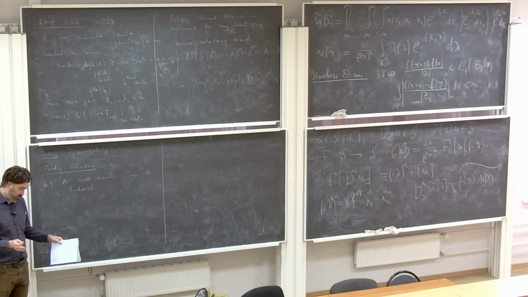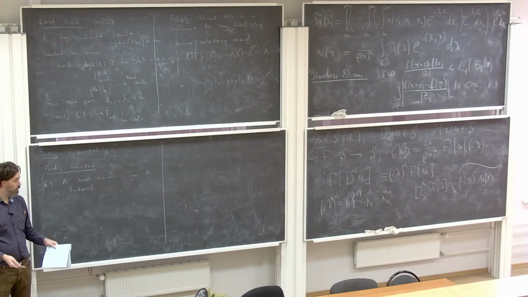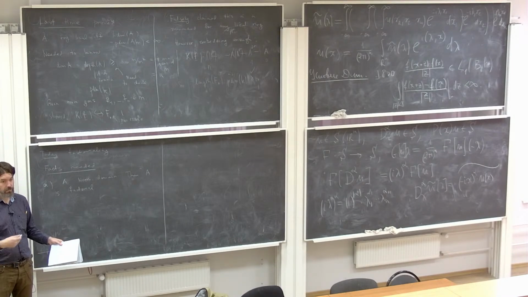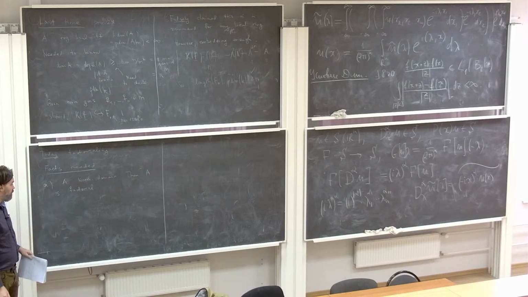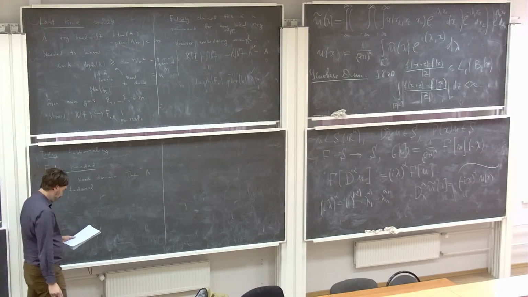And it turns out to be more convenient to work with prime elements instead of irreducible elements. So an element is prime if the principal ideal generated by it is prime. And in a unique factorization domain, prime is the same as irreducible, but in general they're different. So prime implies irreducible, but in general not conversely. But it turns out to be easier to state factoriality in terms of prime elements for what we want.